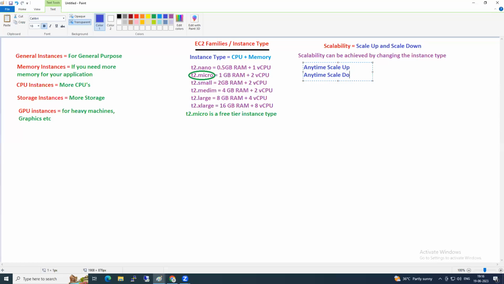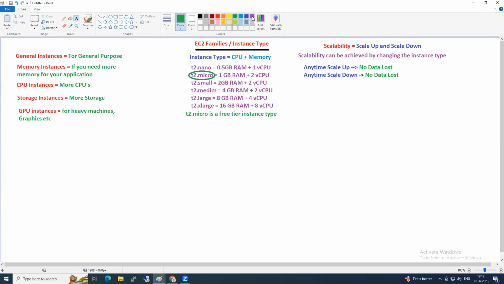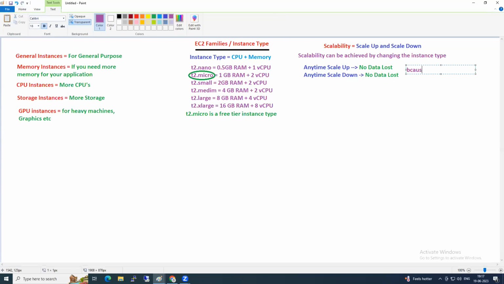Yes, you can do it. Any data loss? No data loss. Scale down, any data loss? No, because data is stored in volumes.